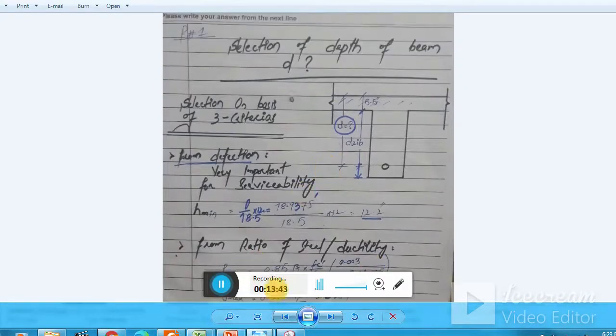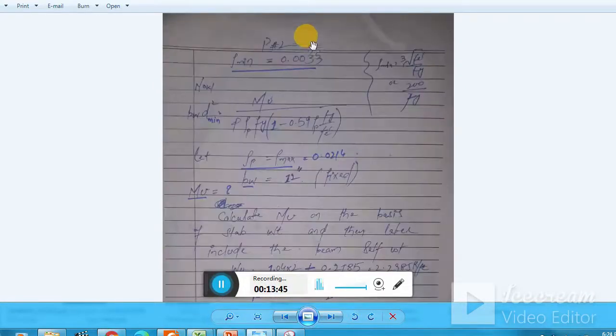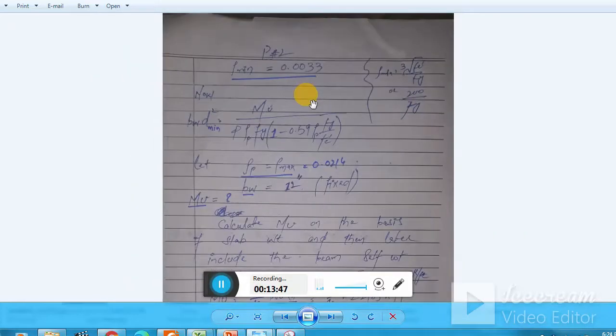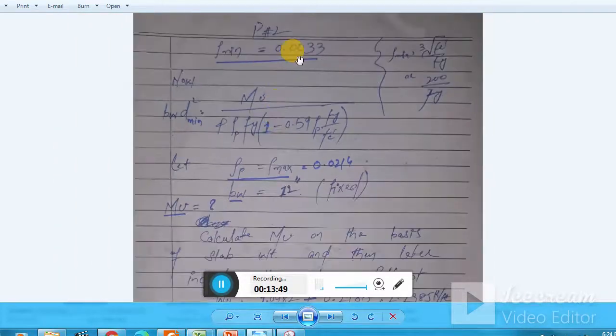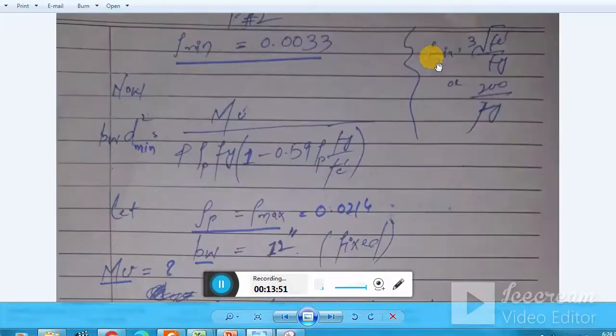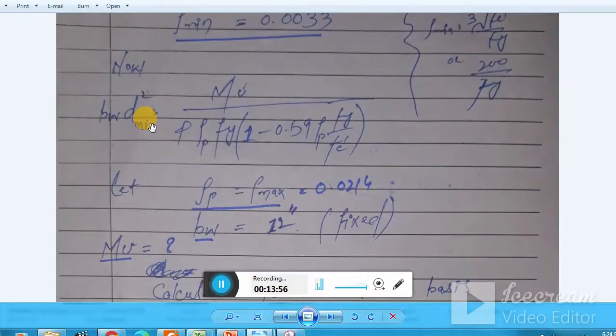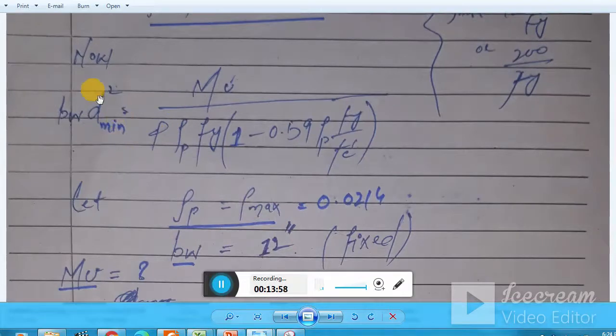Now next we have a formula, and my rho minimum is 0.0033 from these two formulas. Now to find the d minimum, or the depth of the beam, b_w d_min squared equals Mu divided by phi rho provided fy times 1 minus 0.59 rho provided fy divided by fc prime. This is the formula. From there we will get the d minimum.